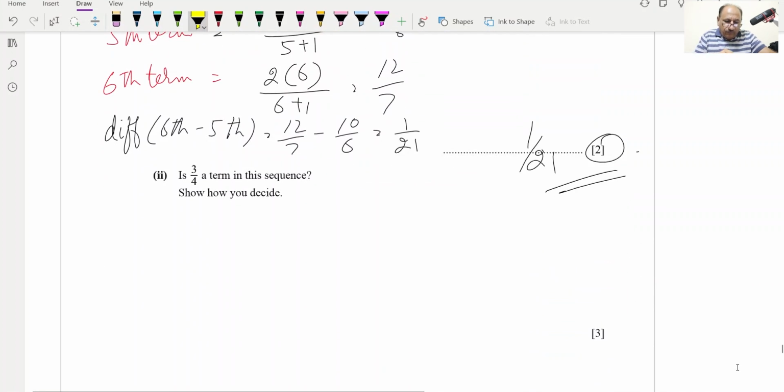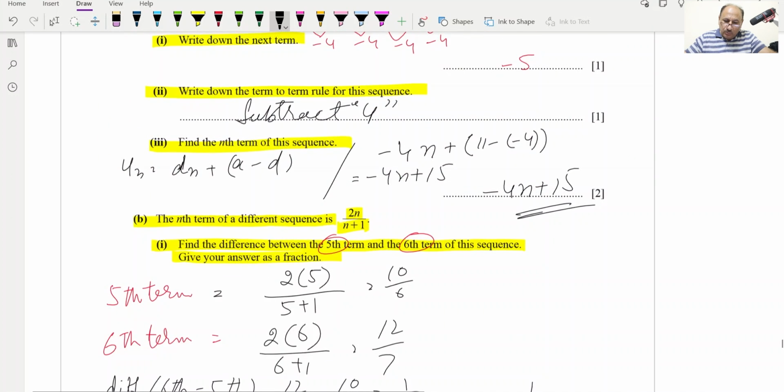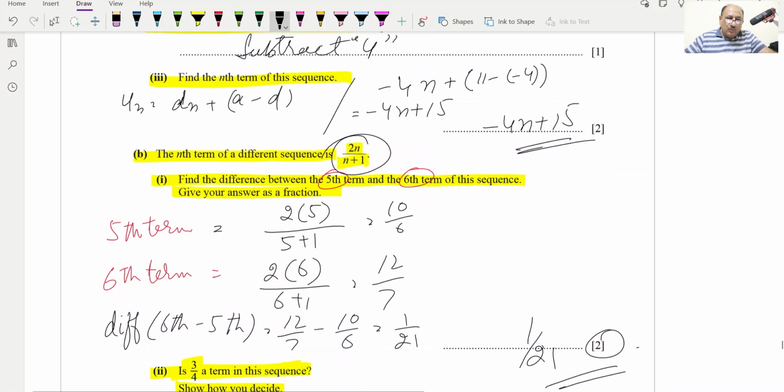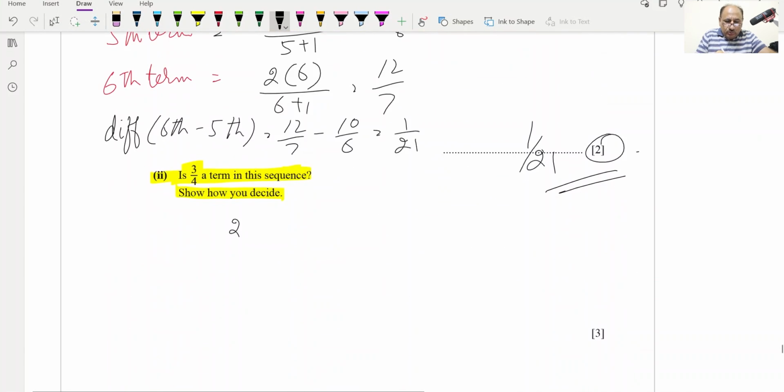Is 3 by 4 a term in this sequence? Show how you decide. So what we will do, we know that the term rule is this one, 2n over n plus 1. So 2n over n plus 1 is equal to 3 by 4, we will check. If we are getting a whole number, then this will be a term of the sequence. If we are getting a decimal value, then it will not be a term of the sequence.